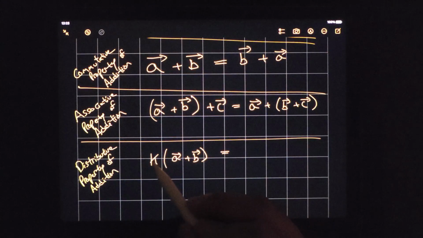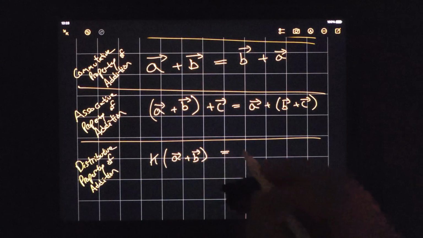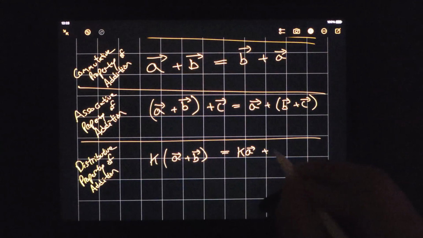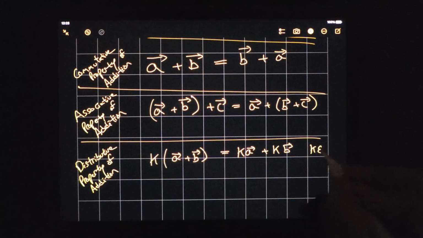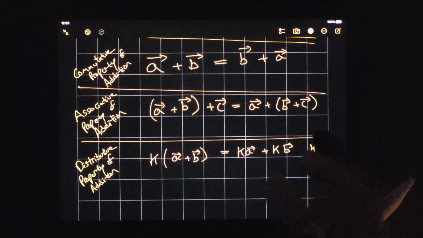If you remember when we covered multiplying binomials, k can multiply into this binomial to give us ka plus kb, where k is any real number.